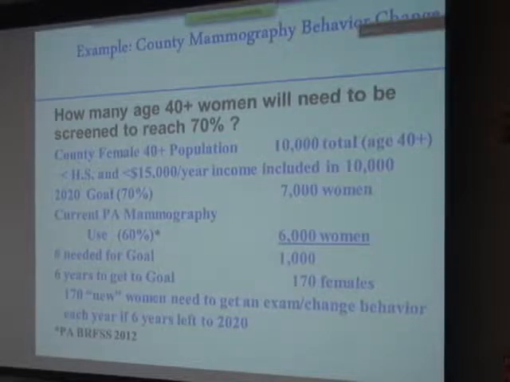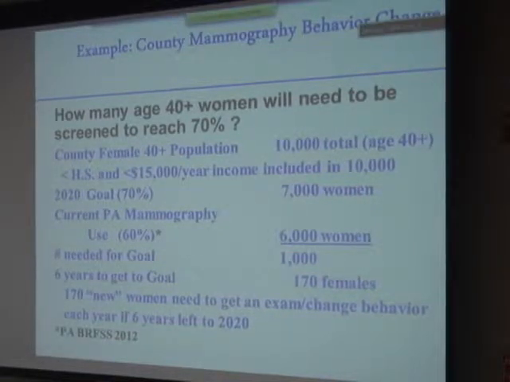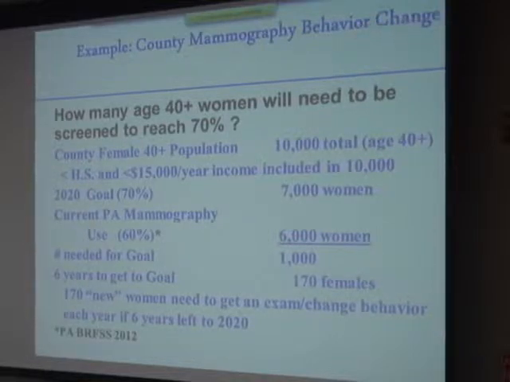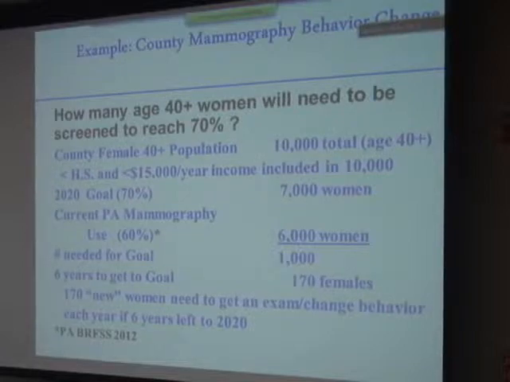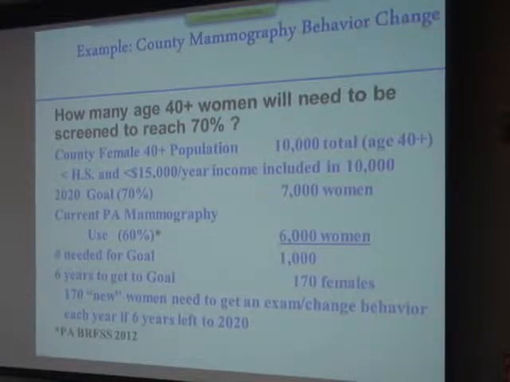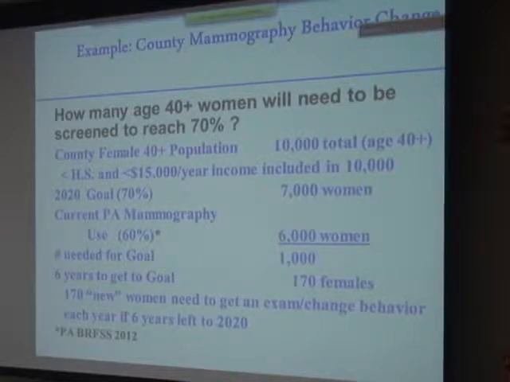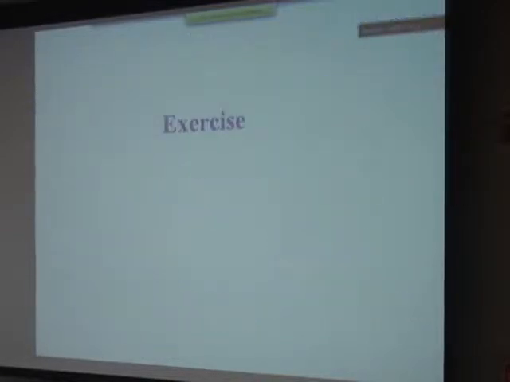If we take 6 years to get to 2020, which is about right within a planning cycle, because you have to plan and set your money next year, etc. That's 170 females who are getting a mammogram, an annual mammogram per year for the state of Pennsylvania. 170 new women, unique women, okay?